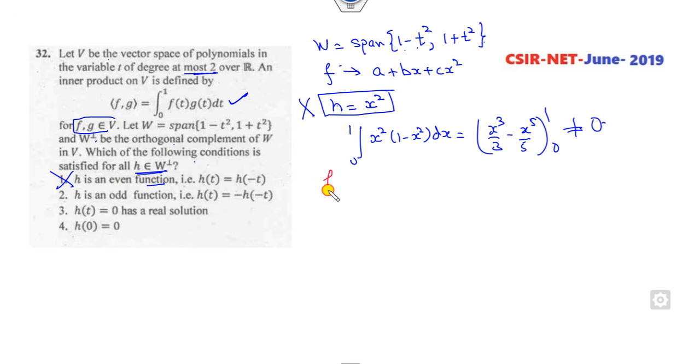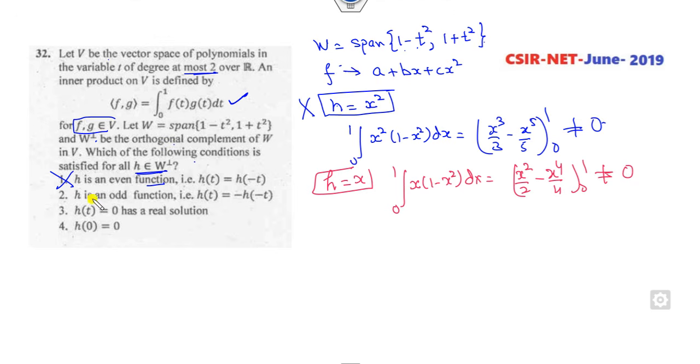If I simply take an odd function, say H is my x, again x times 1 minus x square gives x square by 2 and x to the 4 by 4, and clearly again it will not be 0. So this is also cancelled. H of 0 is 0: if we think about it, this is not satisfied. 0 is my even function, so this is also not satisfied. So the right answer is only C, because we discard the rest of them.